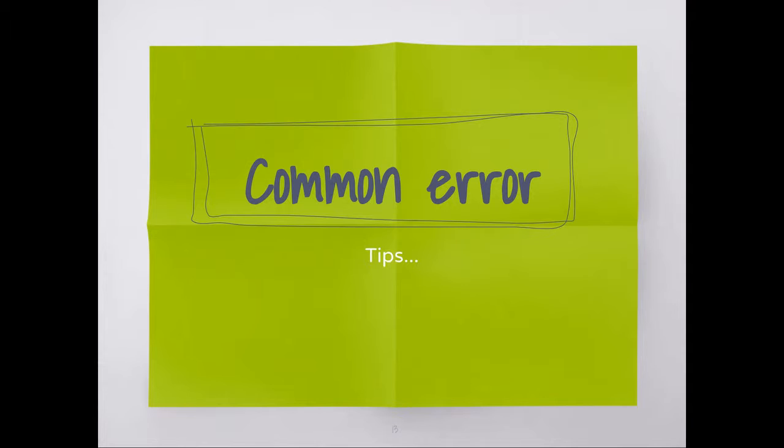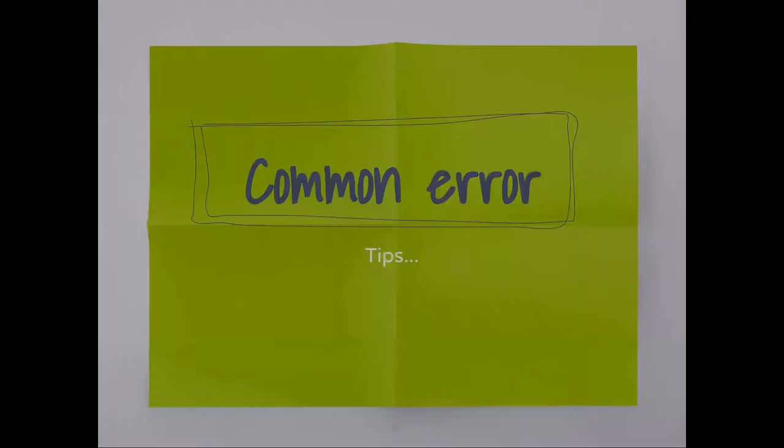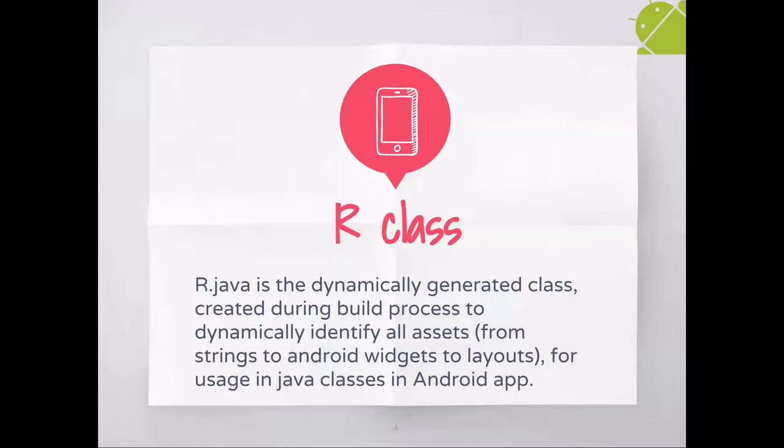Sometimes you will see this error. So what is R? Well, the R class is a class that is dynamically generated by Android Studio. And the purpose of this class is to identify all assets, which are Android widgets, layouts, or any classes you have, any strings, any images.